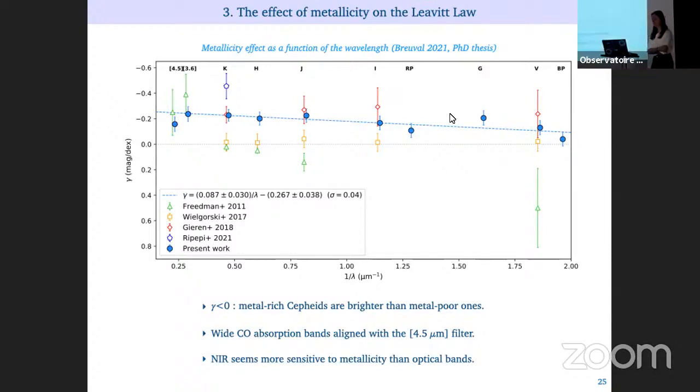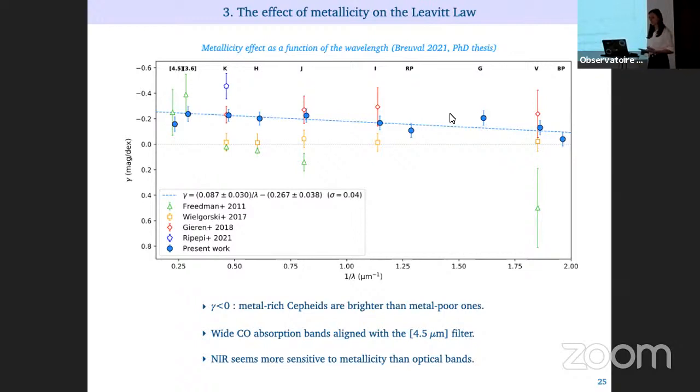Do you mean for the metallicity effect in this analysis? Yes. These stars are more metal poor, and it's more complicated to calibrate this effect because there is a period-metallicity-luminosity relation.